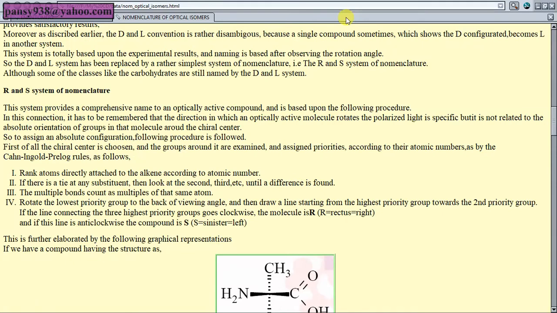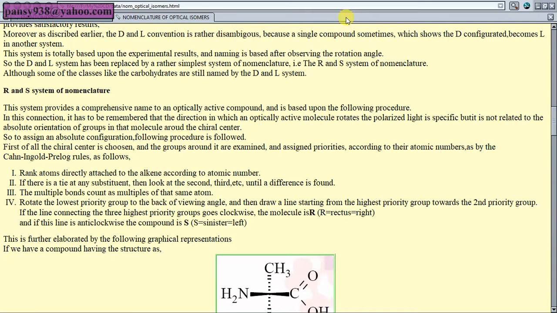The R and S system of nomenclature provides a comprehensive naming of an optically active compound, and it describes completely the stereochemistry around each of the chiral carbons present in the compound.